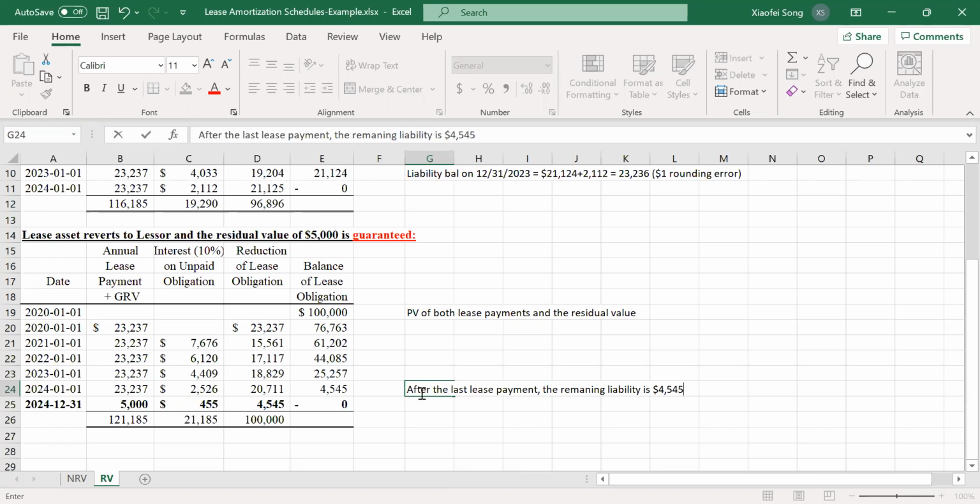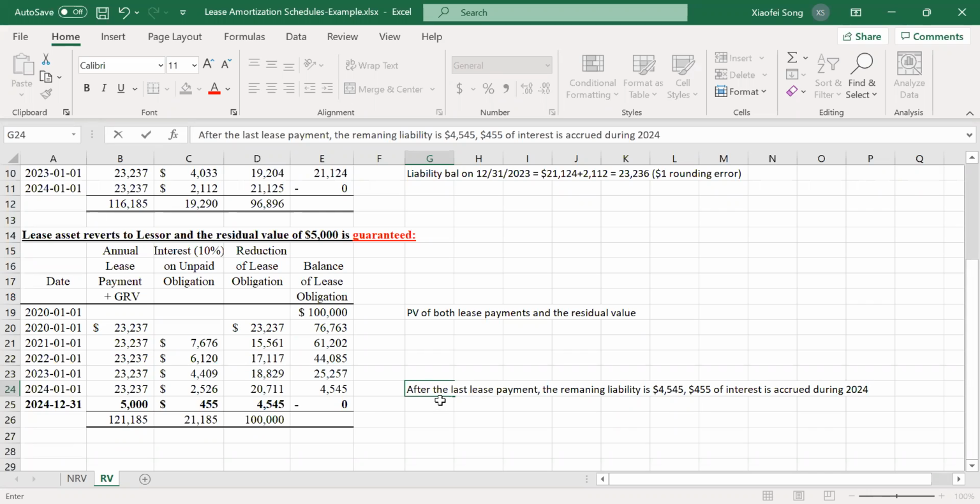And at 10%, 455 to round it up a little bit, let's say 455 of interest is accrued during the year, 2024, that's the last year, right?